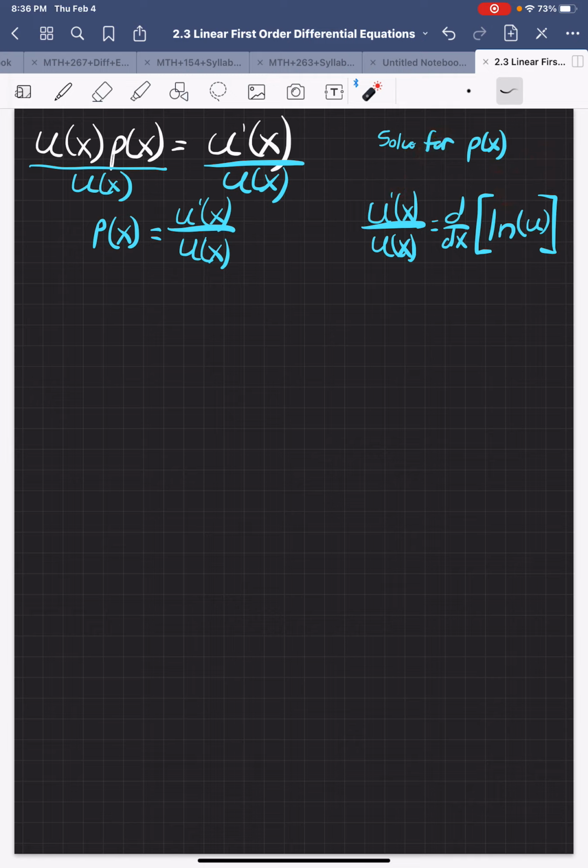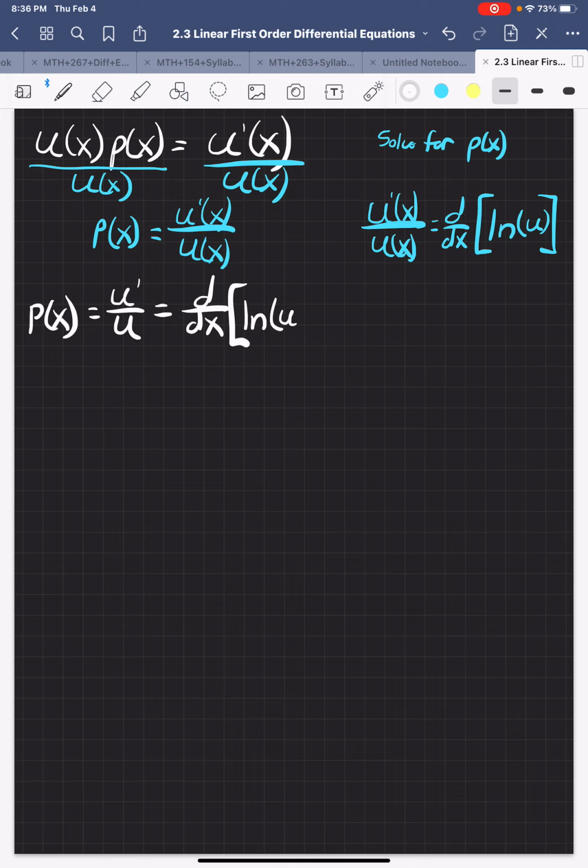So what does that mean? That means p of x is equal to u prime over u, which is just the derivative of ln of u. Okay.